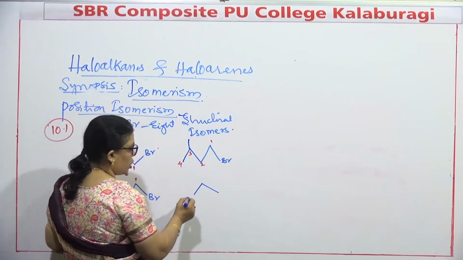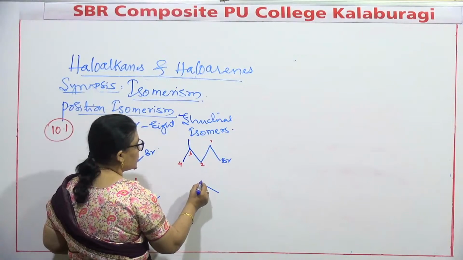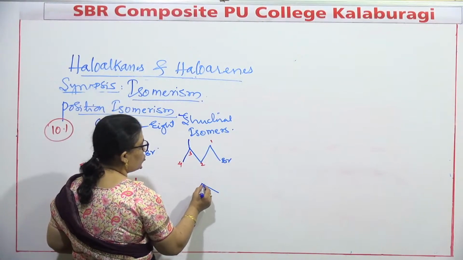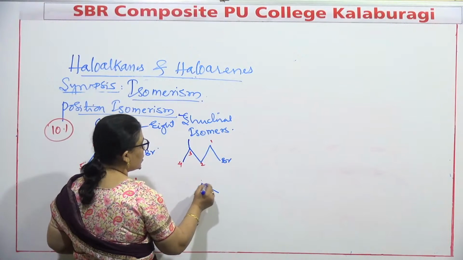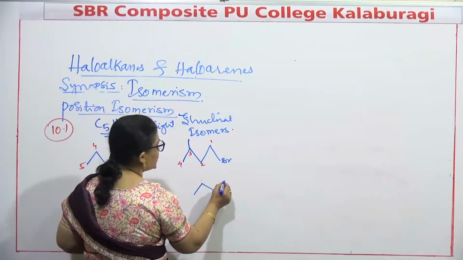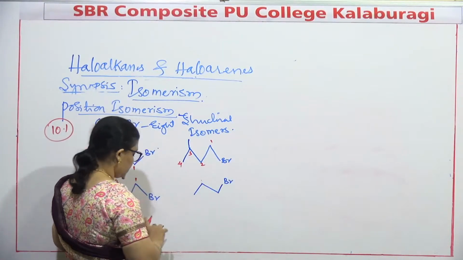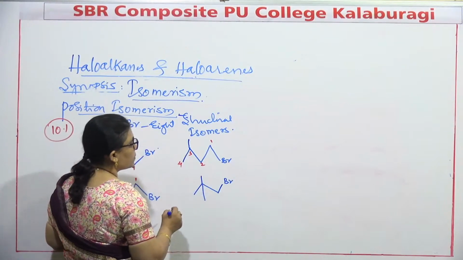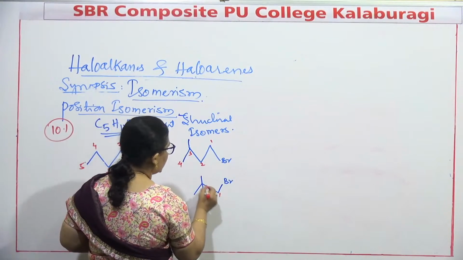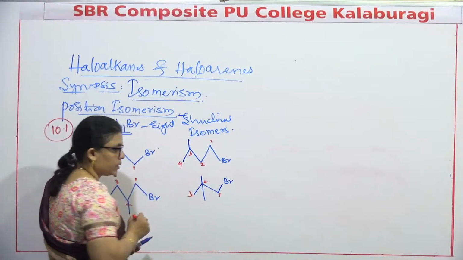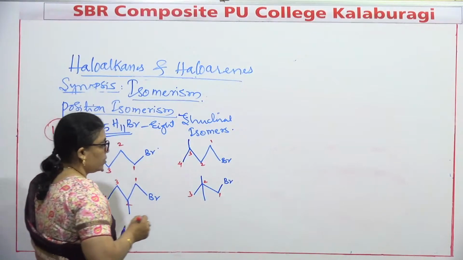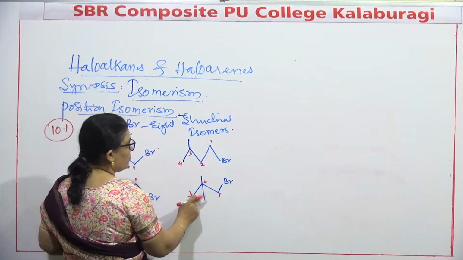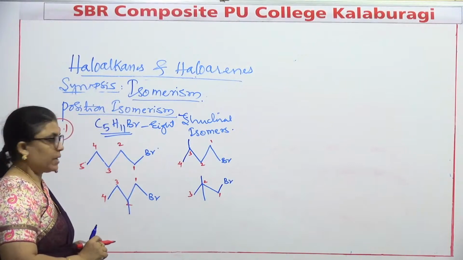Means 3 carbon atom chain. 1, 2, 3. 1, 2, 3, 4 and 5. Correct? One minute. Shall I make it like this, you see? 1, 2, 3. Because we need a 5 carbon atom chain.